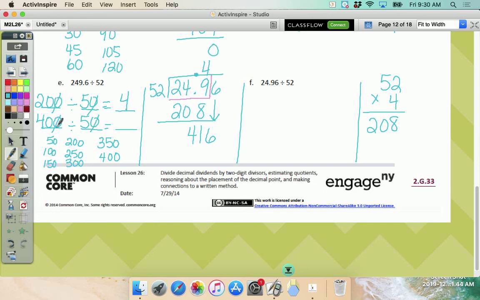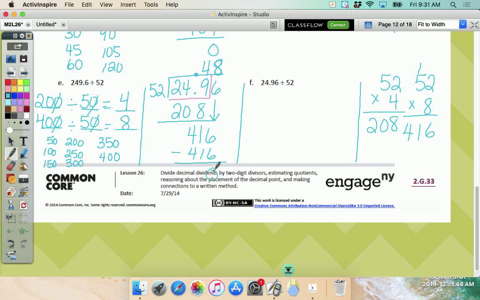Okay, so 40 divided by 5 is, okay, so over here I'm going to do 52 times 8. Well, that was nice. Oh wait, now I've written it twice.